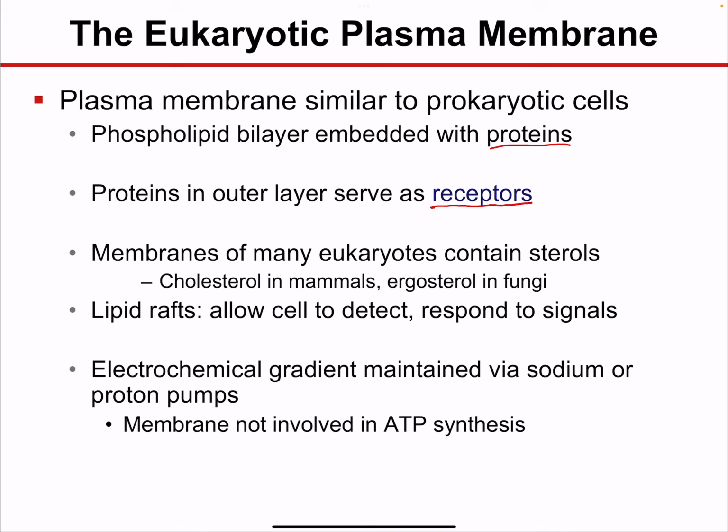Animal cells, for instance, live in a very complex system. You think about your body. You have blood cells, you have liver cells, you have skin cells, you have kidney cells, you have cells of the digestive system, you have cells of the circulatory system, you name it.